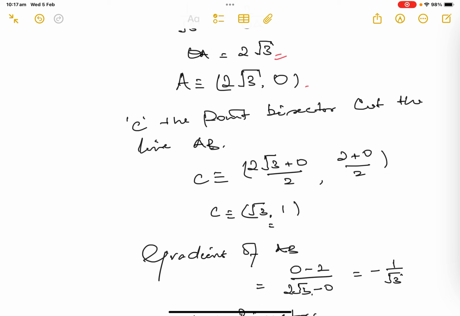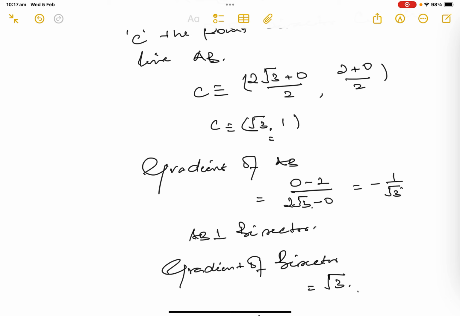So the coordinates of C are root 3 and 1.